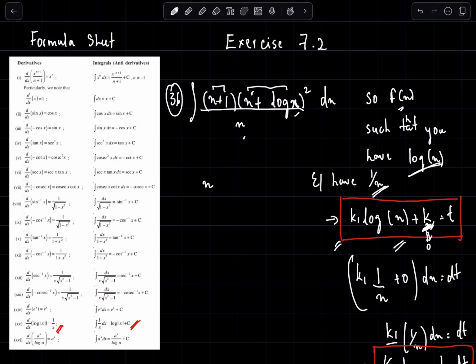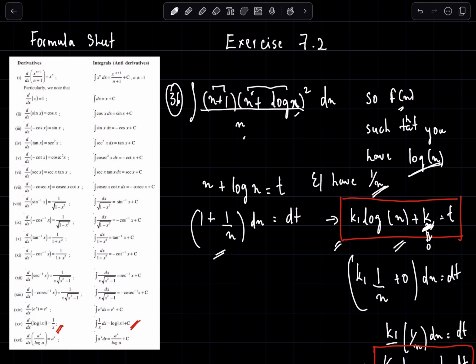Okay, so let's try x plus log x is equal to t. So we differentiate on both sides, one with respect to x, the other with respect to t. So if we differentiate this, this would become 1 plus 1 over x, the whole thing dx is equal to dt. Interesting. Right, so do we have this equation?